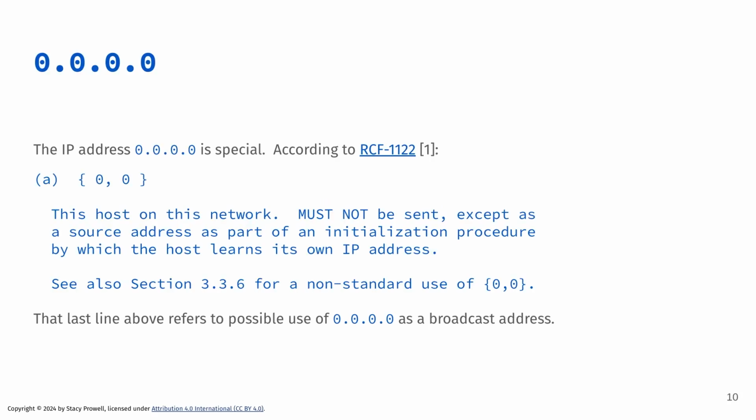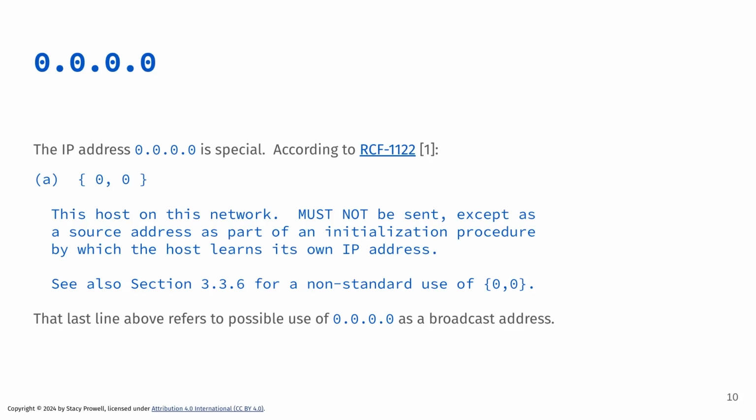Well, according to RFC 1122, it's special, and it refers to this host on this network. It must not be sent out in packets, except as a source address as part of an initialization procedure in which the host learns its own IP address.